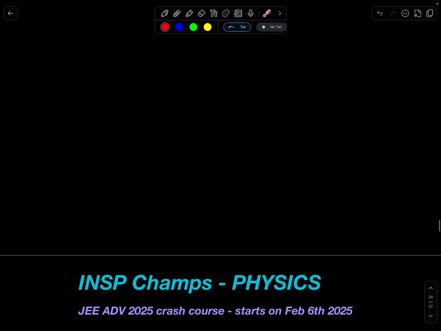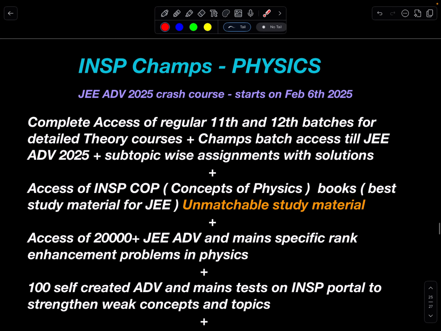So let me give the details of the physics part first. In this crash course, it will start from February 6th, and everyone will have access to the long courses of 11th and 12th detailed courses. So if any one topic or some subtopics are weak for you, you can complete those topics along with the last year's champs batch access that will be given to you.